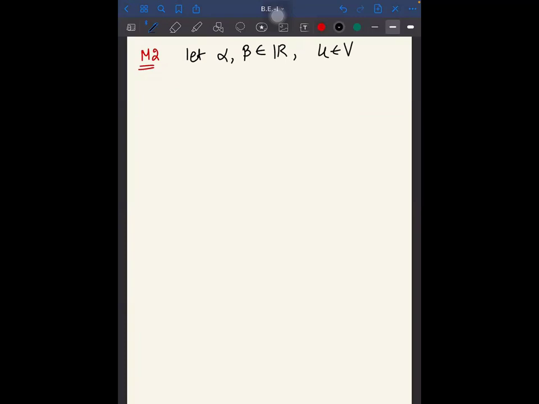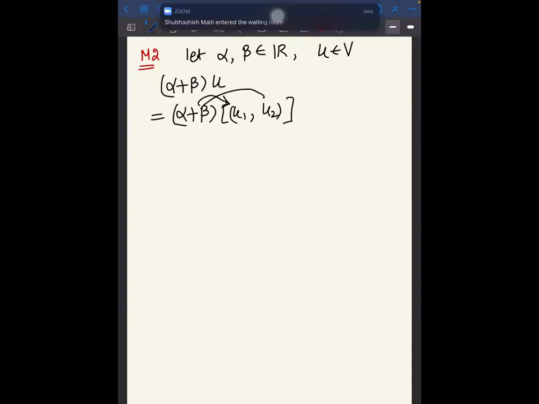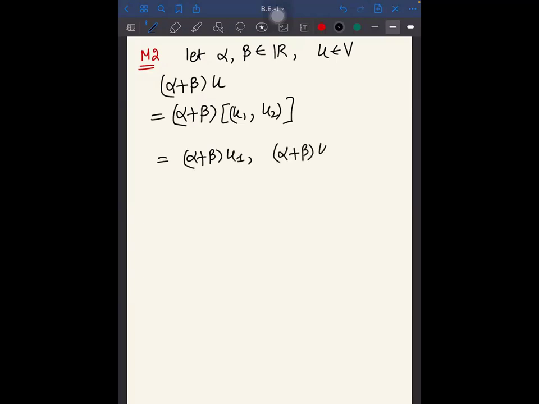That means alpha plus beta times what is u? u1, u2, a vector. So this scalar will be multiplied to both components and scalar is in addition form, right? So we will write it as alpha plus beta times u1, alpha plus beta times u2.